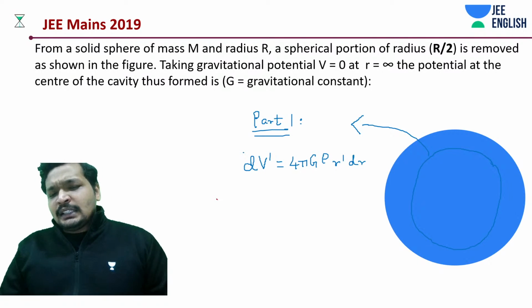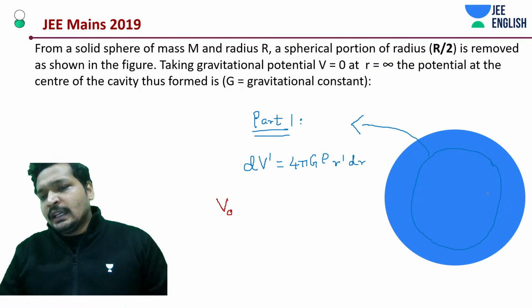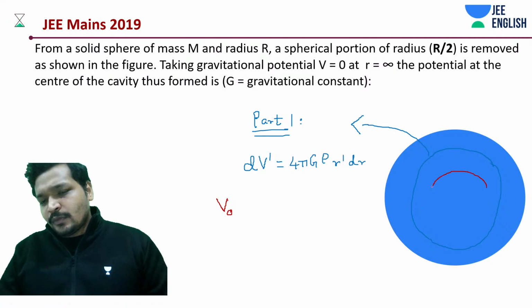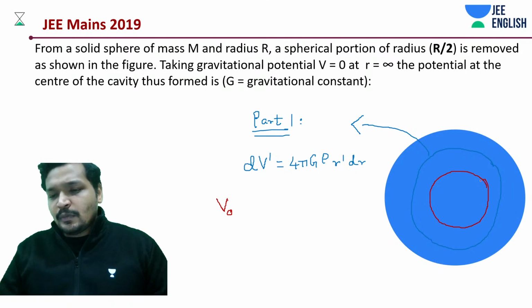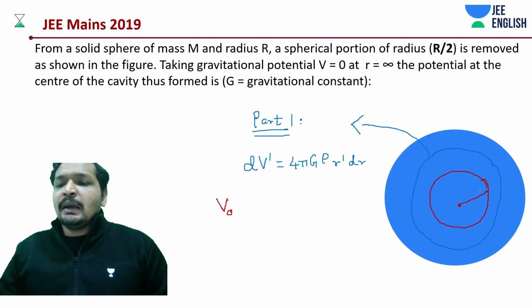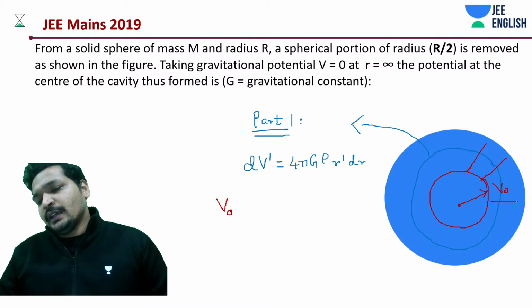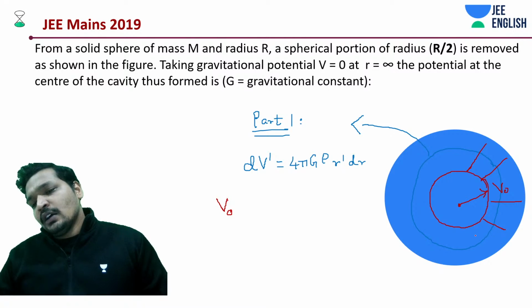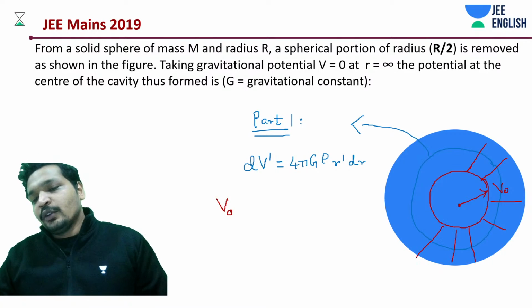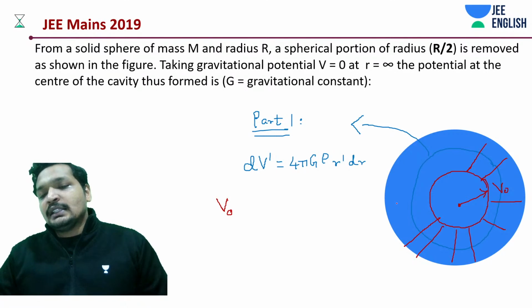This is basic stuff that we should be knowing. I'm going to call this the outer potential, anything outside this R, the potential outside due to this part of the sphere. There are 2 parts, right? One part inside, and inside is quite easy: just multiply rho with the volume and get the answer.